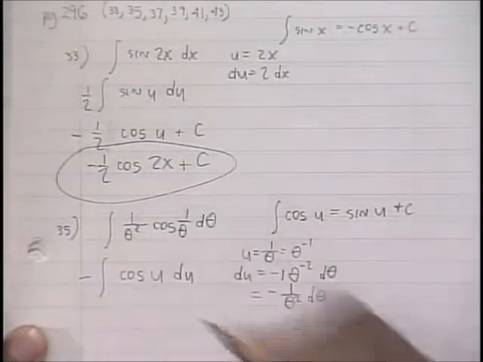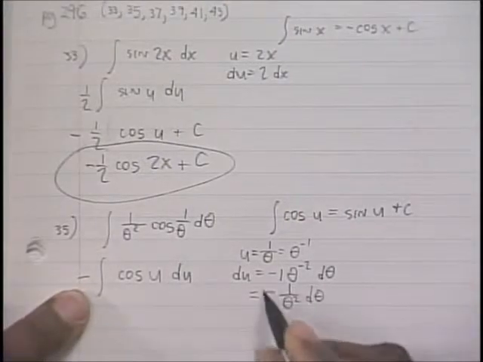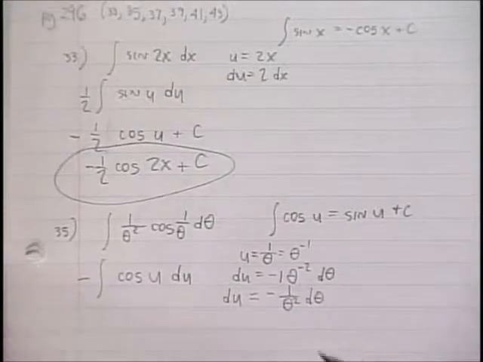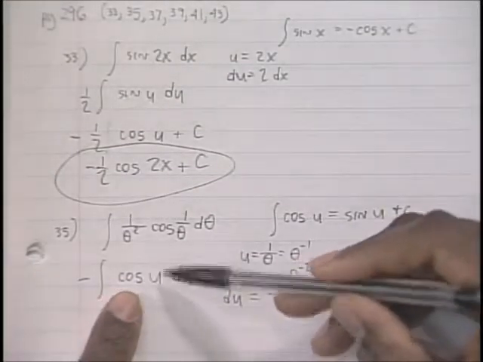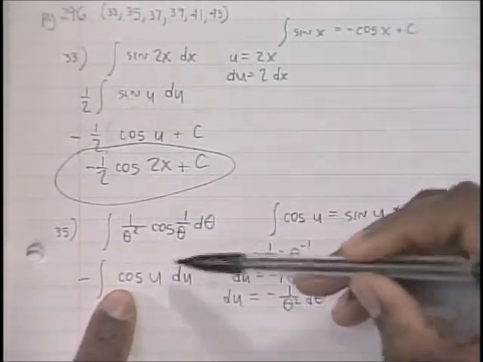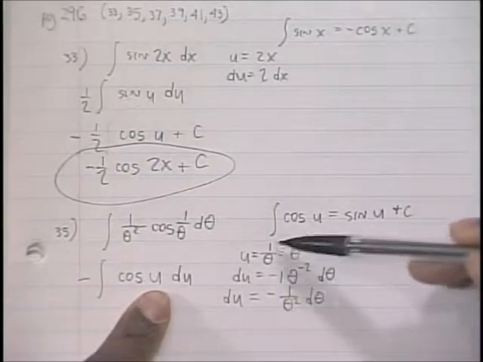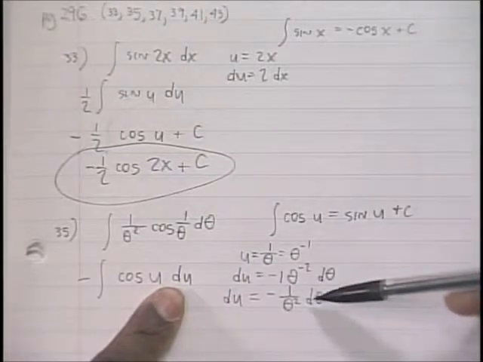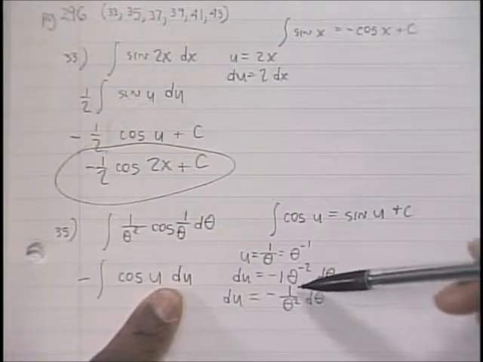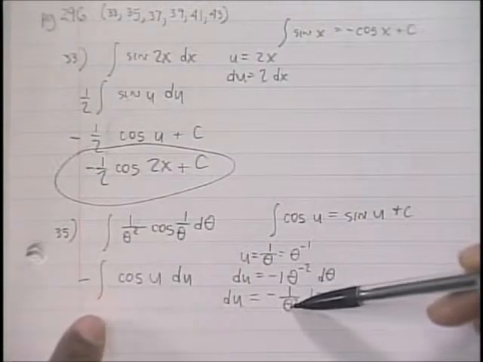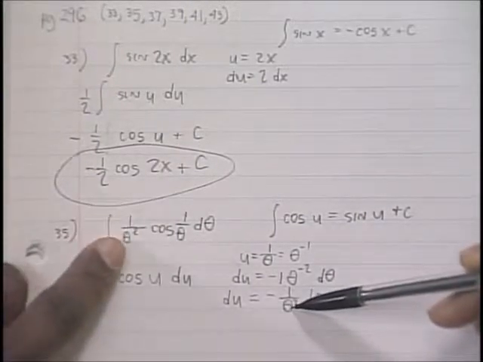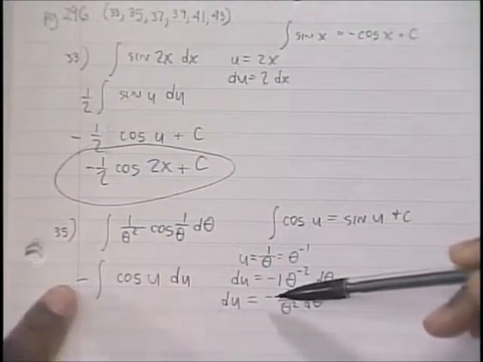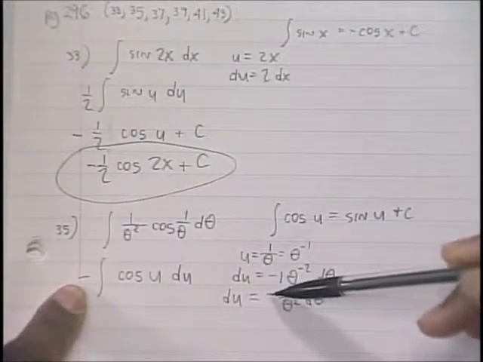So let's multiply by a negative to get rid of the negative that was in du. We need the cosine of 1 over theta, so we have the cosine of u, where u is 1 over theta. Over here we have du as 1 over theta squared. We need that 1 over theta squared, so that's why it's good to have that du there, but we don't need the negative. That's why I have this negative over here to cancel out this negative here.